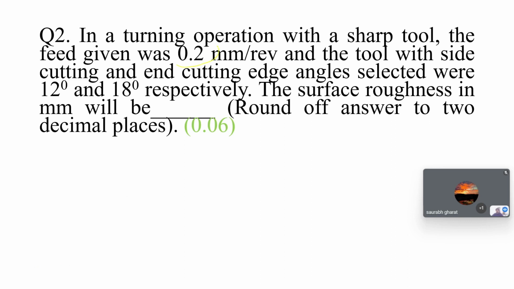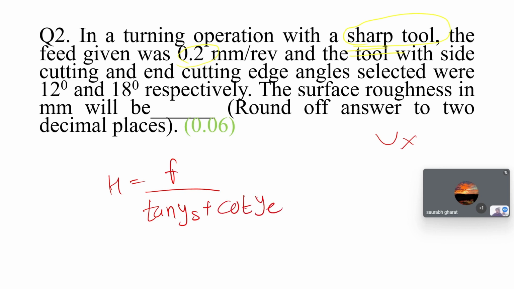The feed and the sharp tool are given here. As they are using a sharp tool, you need to consider the proper formula. This means the tool doesn't have any nose radius, so it is completely sharp, and you can't use the nose radius formula. So what formula do you have? H is equal to f divided by tan of the side cutting edge angle plus cot of the end cutting edge angle.